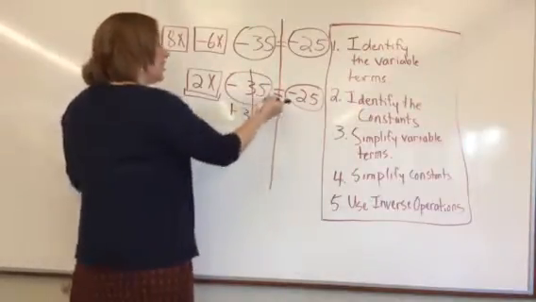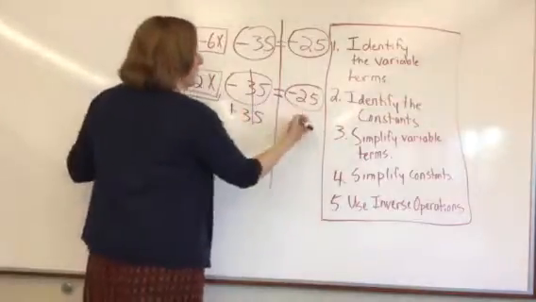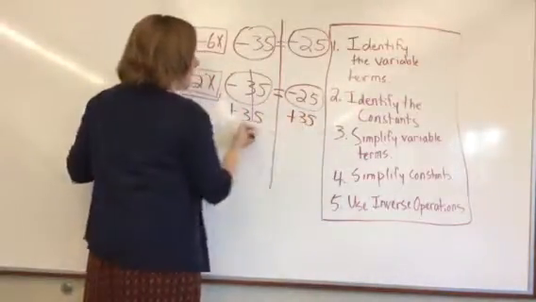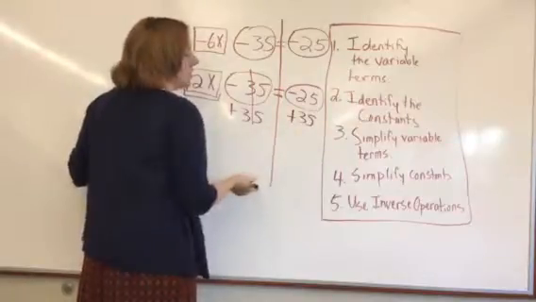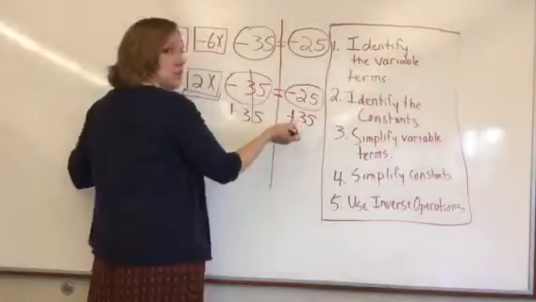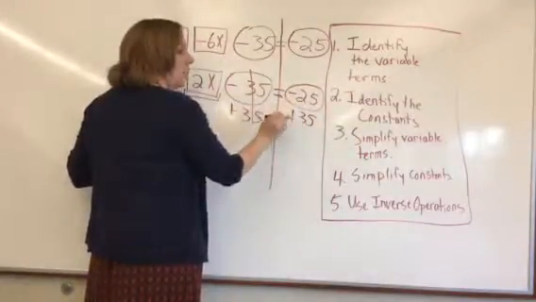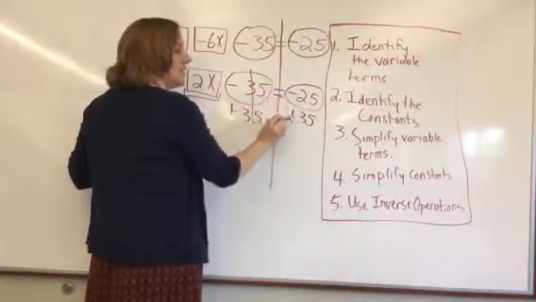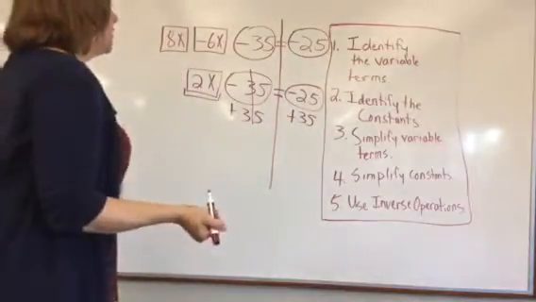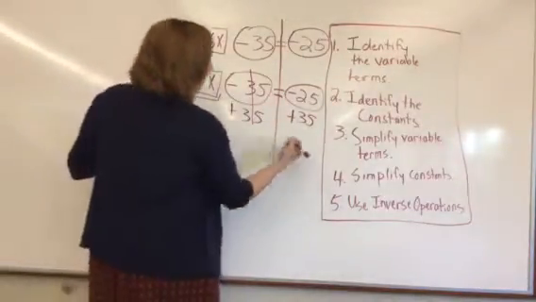And remember, whatever I do on the left, I have to do the exact same thing on the right. So I add 35 on the right, and I'm left with negative 25 plus 35. These are like terms, so I can simplify this to 10.